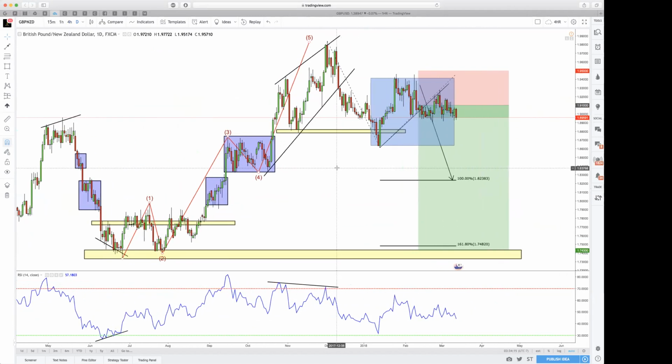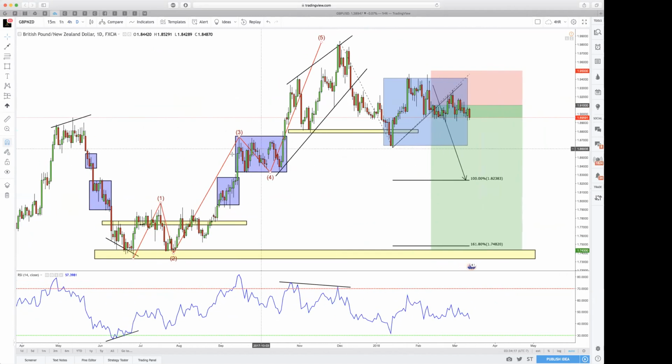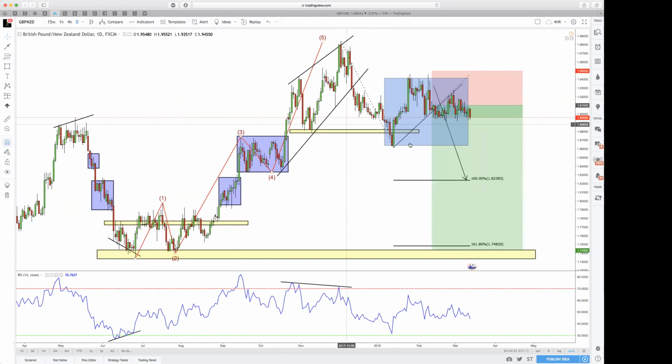Okay, so now GBP NZD on a daily time frame, W level 1, level 2, M formation. That's the level 1 right there, and we saw the rejection at the 61.8. That was perfect. So basically we saw that happening and then we pretty much sold that.